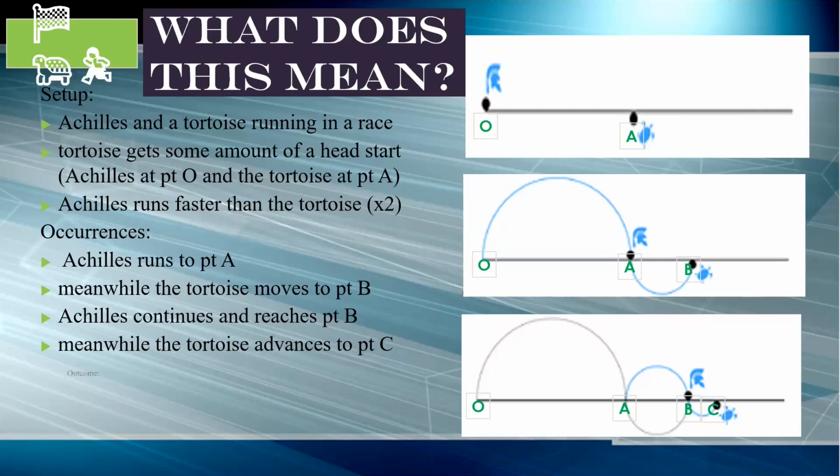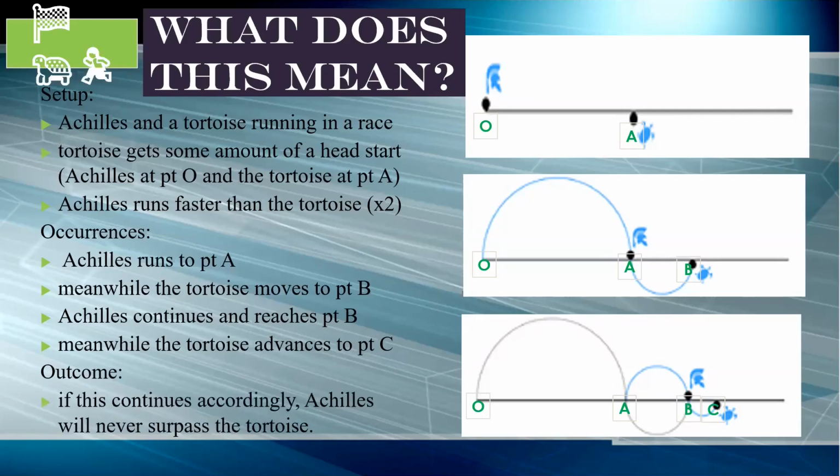And this is where the paradox comes in, because to reach where the tortoise currently is, Achilles first has to reach where the tortoise was. If this continues accordingly, Achilles can never pass the tortoise, because he can never get in front of the tortoise. He must first always reach the point where the tortoise was.